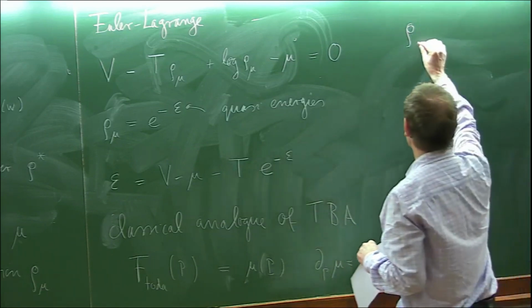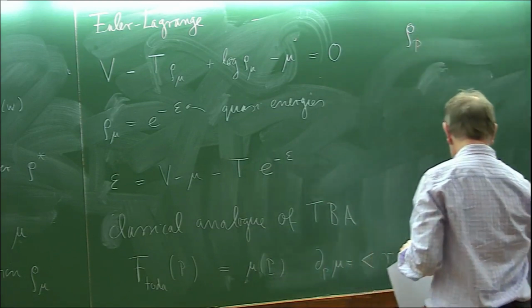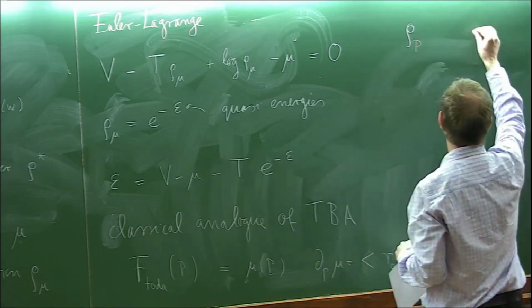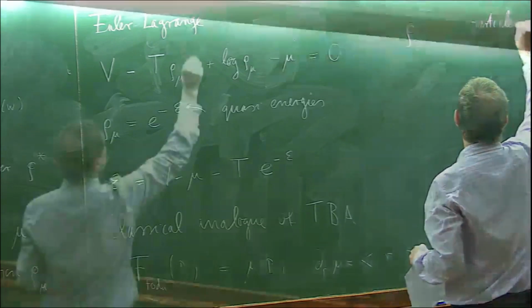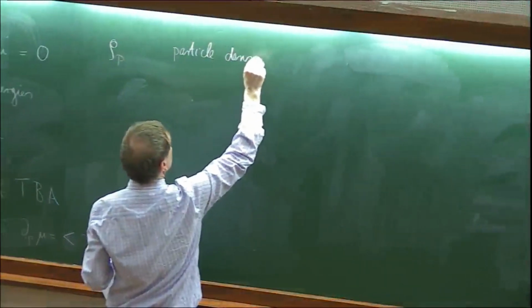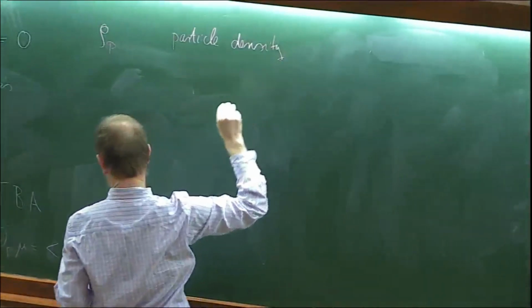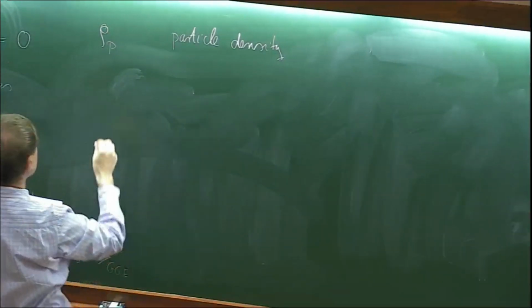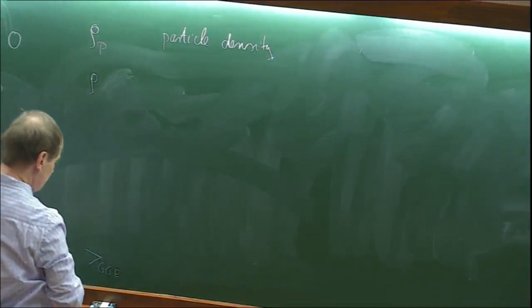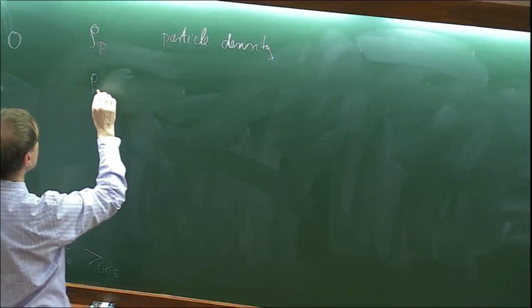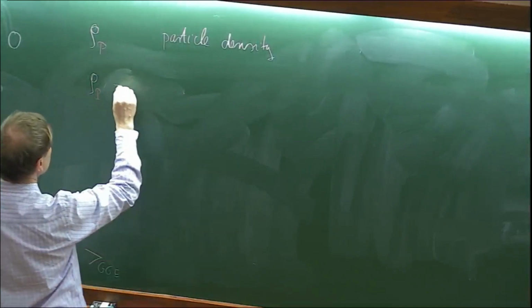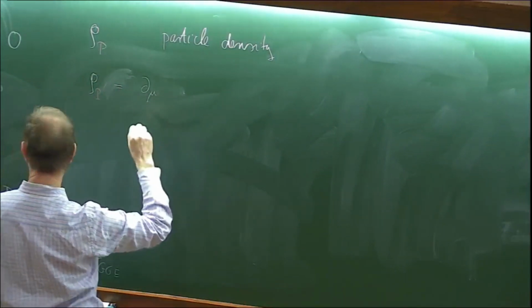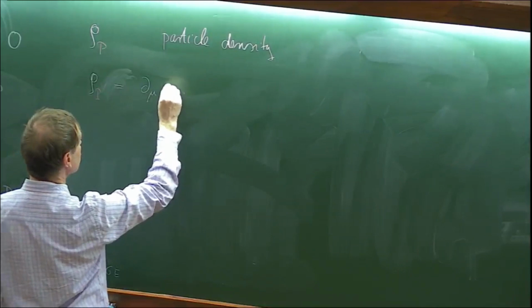So I put here a rho P. This is something which in the quantum context would be called the particle density, or quasi-particle density. But in our context, this rho P is nothing else but the partial derivative with respect to this Lagrange parameter, right? So I can do this.